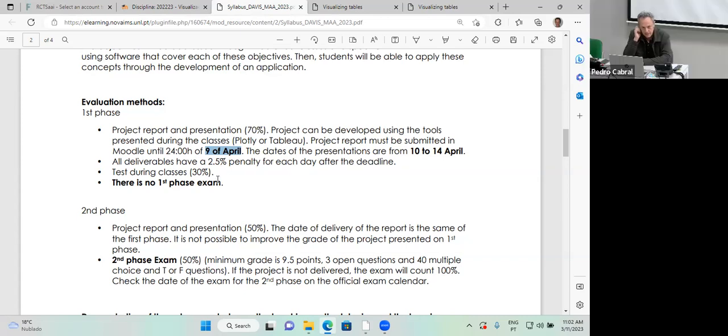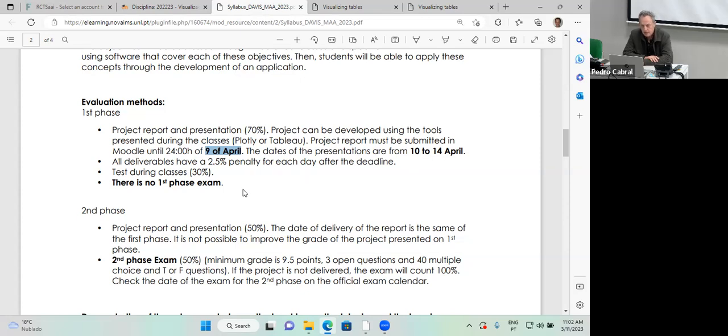So the idea is that you get the data set. It can be any data set. For instance, you got from Kaggle or World Bank or IMF or Statistics Office, or from a previous work you have done before in this course.